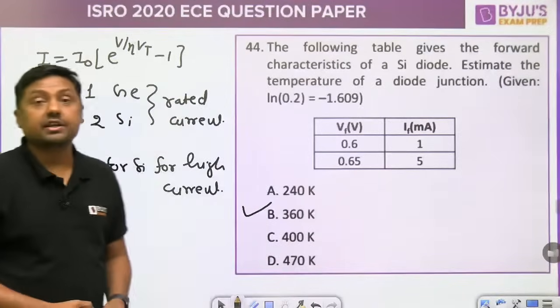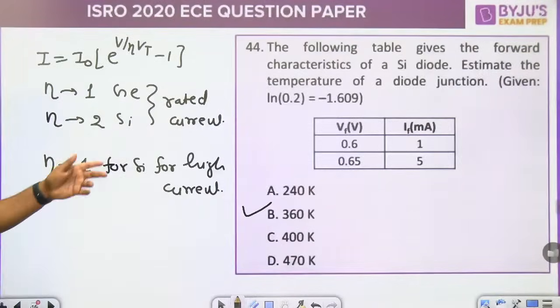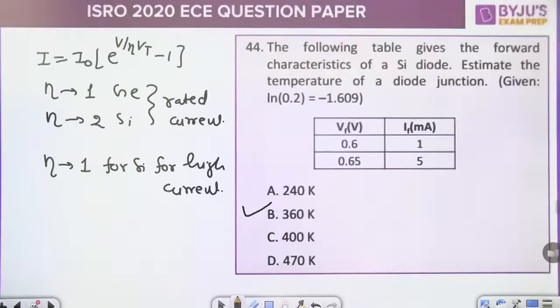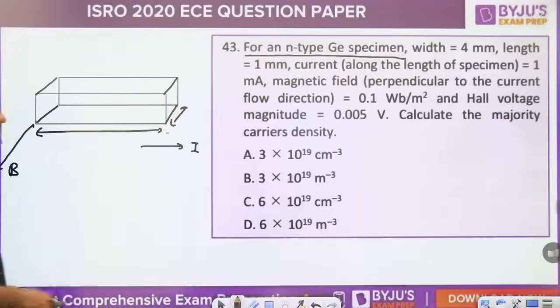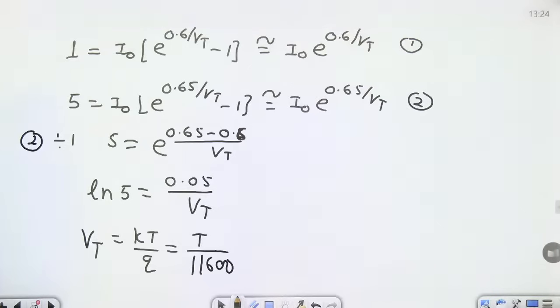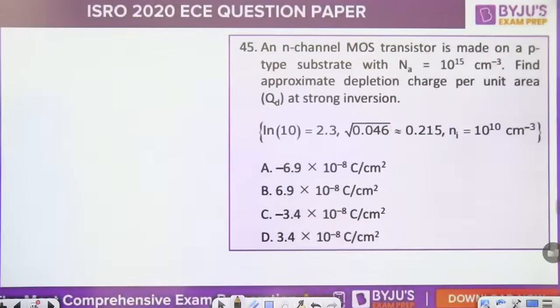This is the 360 degrees Kelvin. So find the value of Vt, then find the value of the temperature by using this formula. That is the answer for this one, B, 360 degrees. Next question.